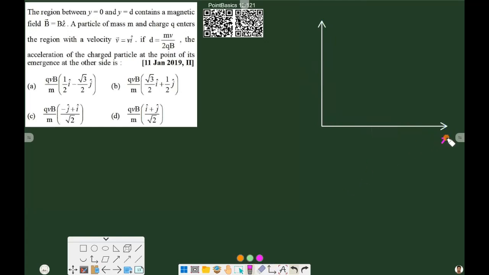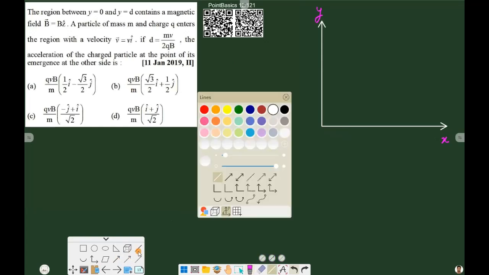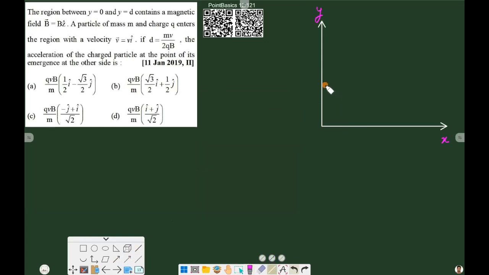Suppose this is x direction, this is y, and y0 to yd contains a magnetic field B is equal to Bz. So y is equal to 0 is the x-axis, and y is equal to D will be this one, this line suppose.